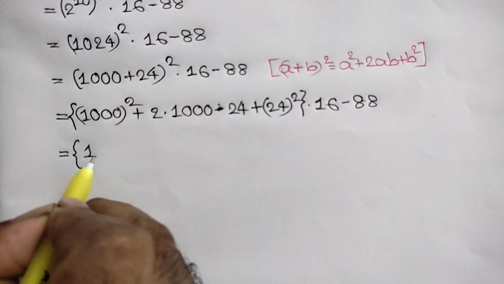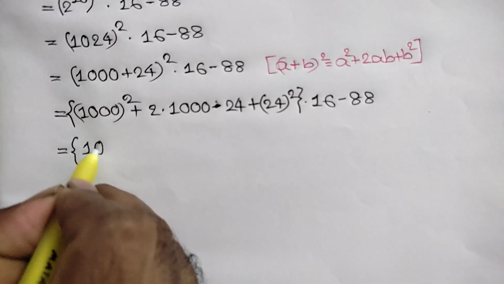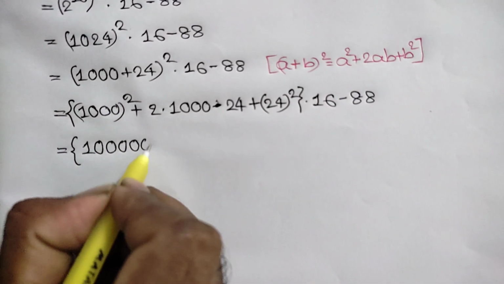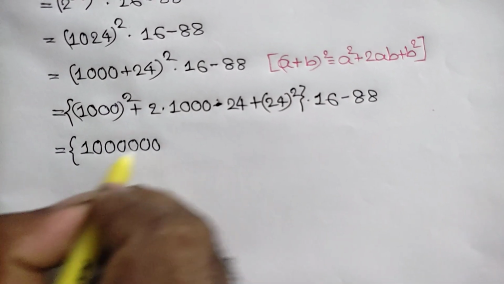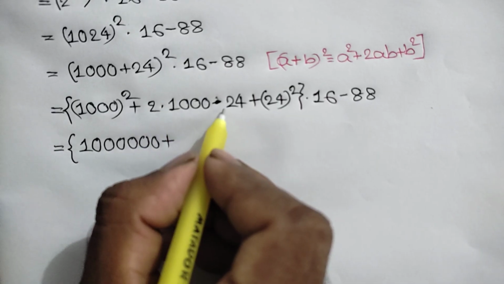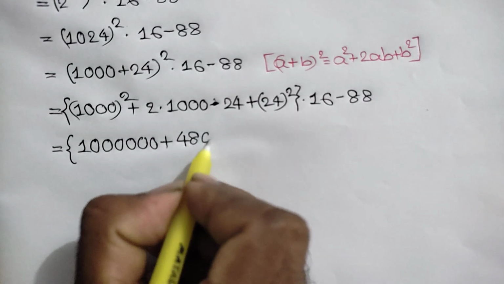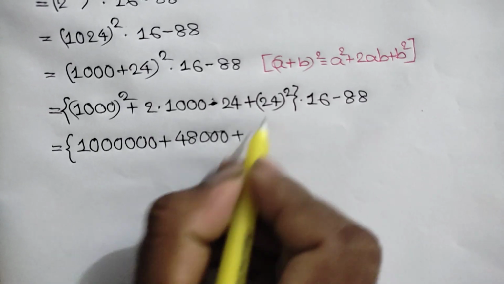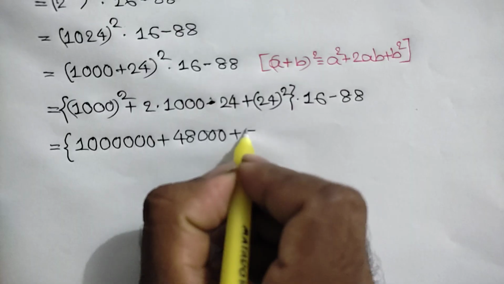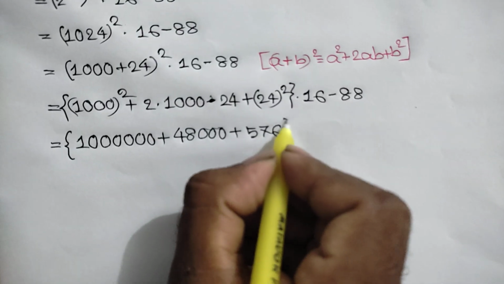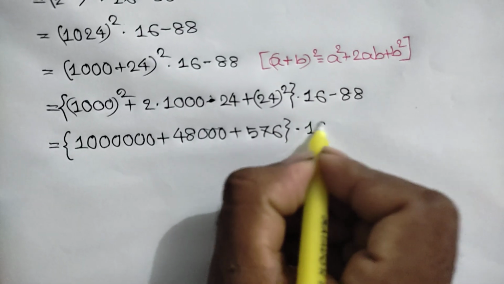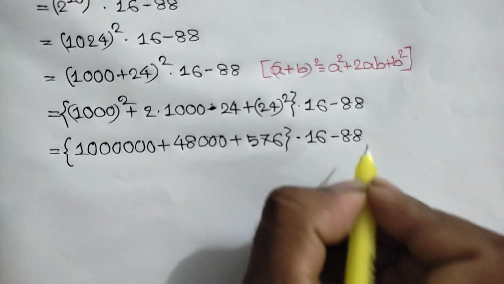1000 square, that means 1 with 6 zeros, plus 2 times 24 is 48 with 3 zeros, plus we know 24 square is 576, times 16 minus 88.